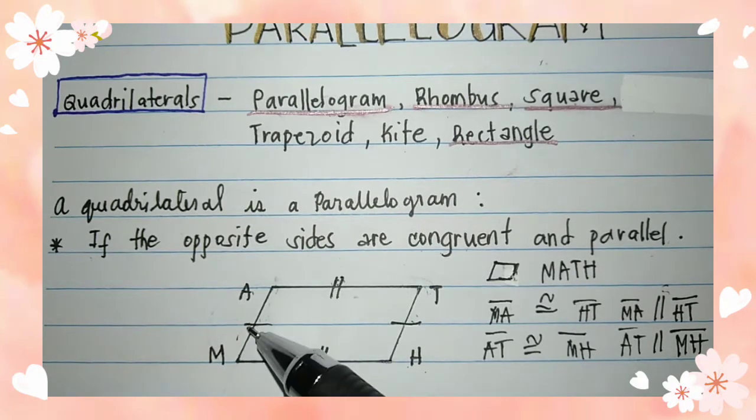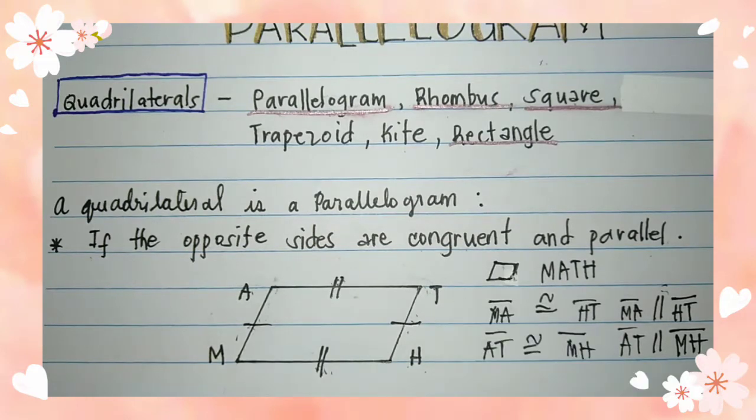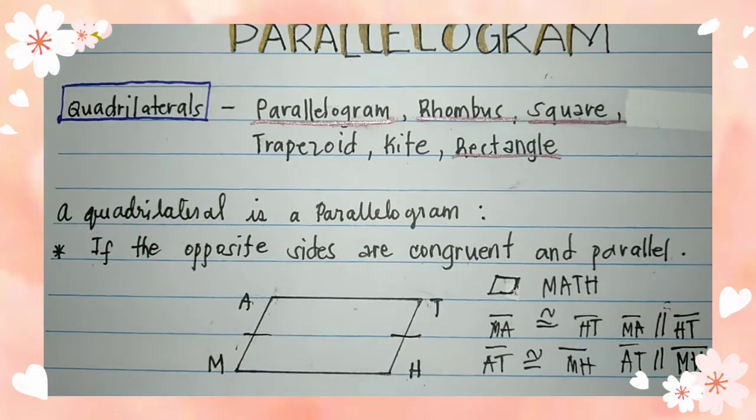Kasi kapag nilagay natin is kagaya nito, tigisa lang, ibig sabihin, magkakapareha silang lahat na sides, which is not, okay? Ganun lang kasimple yung sinasabi ni opposite sides are congruent and parallel. And if that's so, ibig sabihin, yung quadrilateral na yan is a parallelogram kasi they have opposite sides that are congruent and parallel with each other.